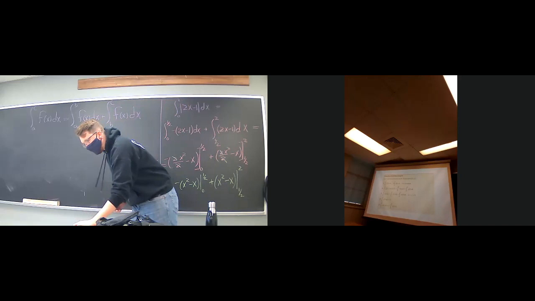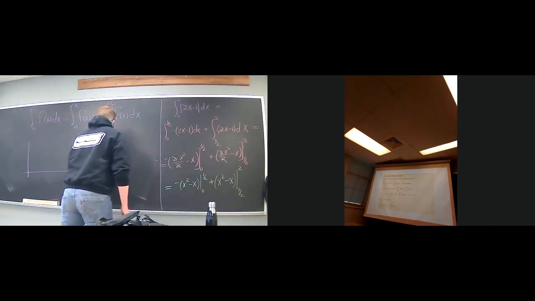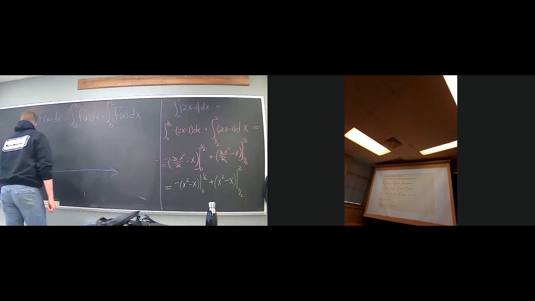Now, the reason why we can break this up is because of what the definite integral tells us and the geometric interpretations that come with it. So, coming back to just what this thing's doing.